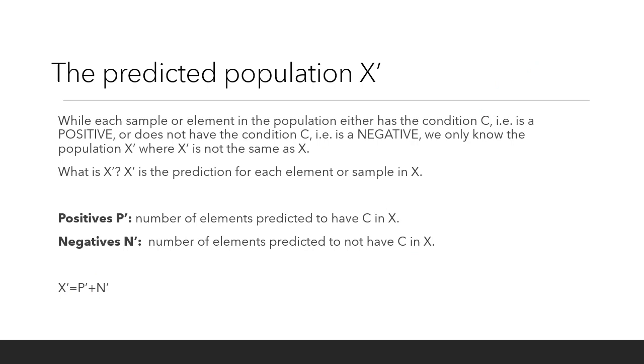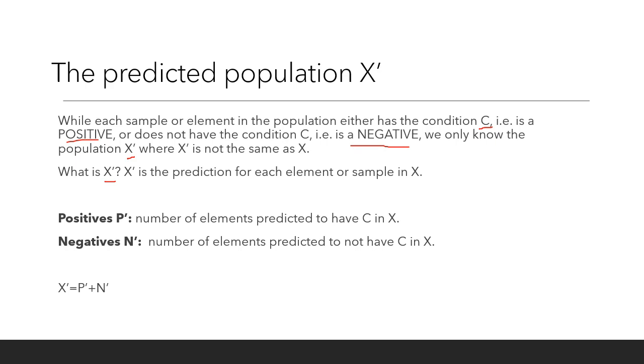So the issue here is that we know that we have X, that is the population. For example, the number of people in the US is X, is a number, right? But we also have a predicted population X prime. That is, while each sample or element in the population either has the condition C, which means that it's a positive, or does not have the condition C, that is, it's a negative, we only know the population X prime, where X prime is not the same as X. So what is X prime?